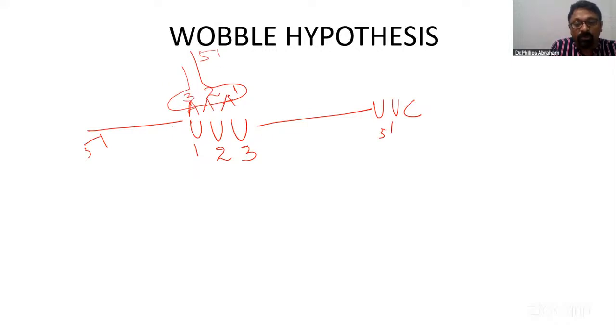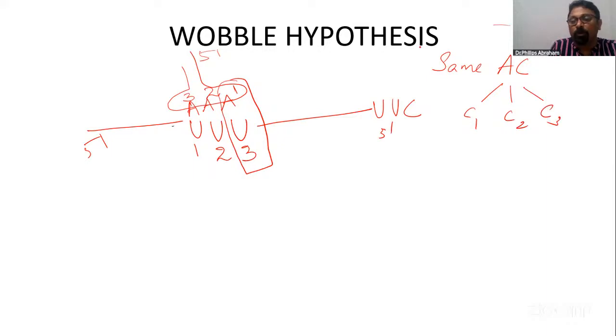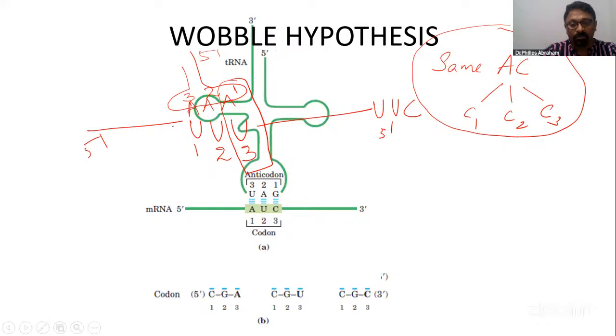Now comes the theory. The pairing between the first nucleotide of the anticodon and the third nucleotide of the codon does not always obey the base pairing rule. So the same anticodon can pair with different codons. This is called the wobble hypothesis. That's the reason for the degeneracy of codons.